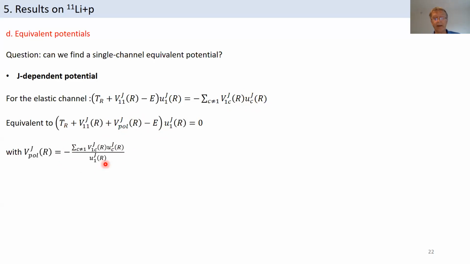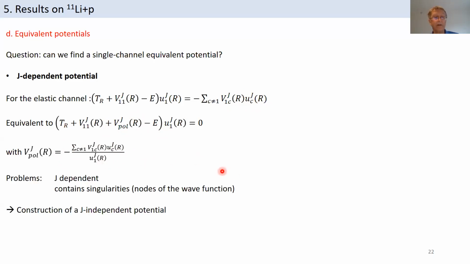So this is exact. It provides exactly the same phase shift. But the problem is that it depends on J, and then it contains singularities, which correspond to the nodes of the wave function. You see, there are zeros here, so there are singularities for this potential.